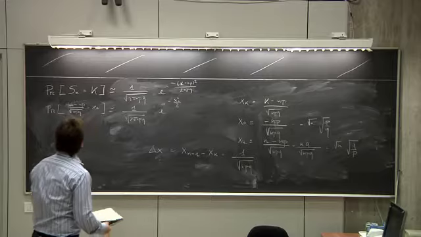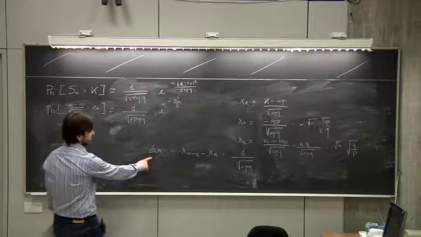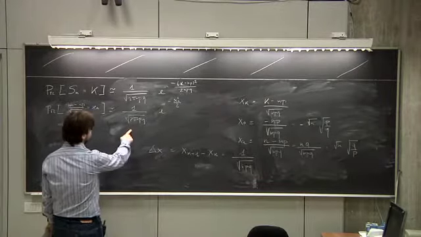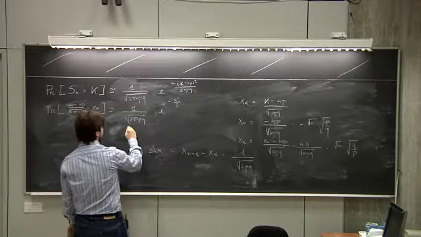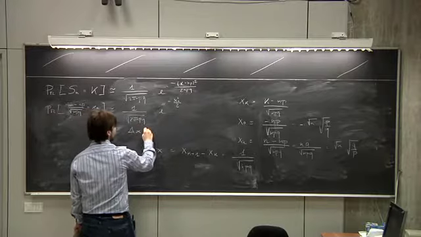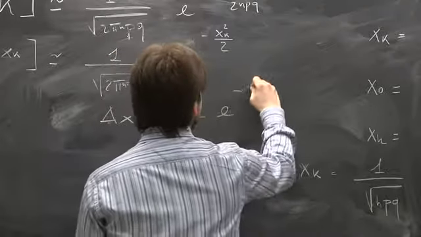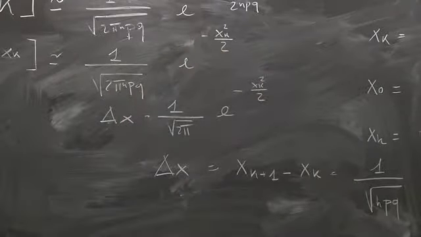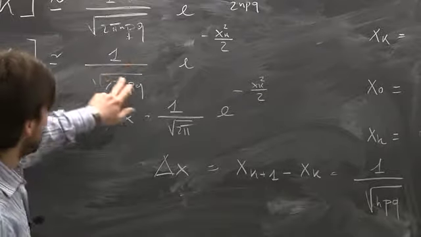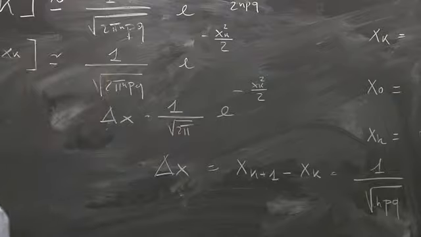Now, if you use this result, you can now rewrite this expression in a very simple way, like delta x times 1 over 2 pi times e to the minus xk squared over 2, just isolated 1 over square root of MPQ, used this expression.